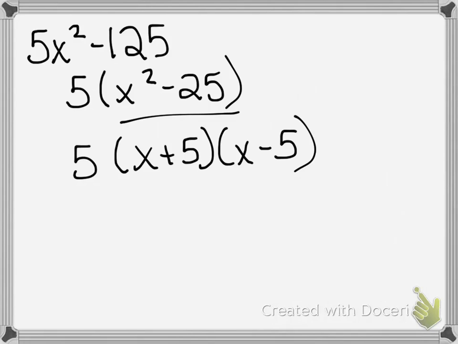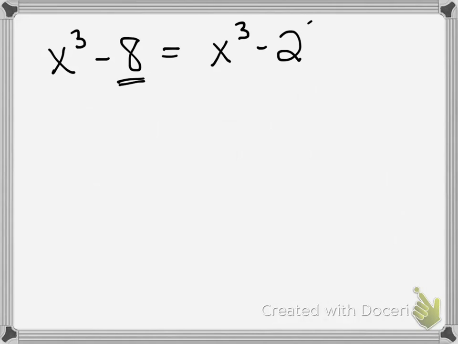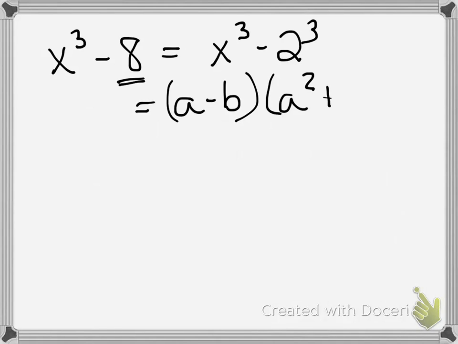Let's look at one more example problem. If you saw x to the third minus 8, you need to recognize that 8 is a perfect cube, and x cubed is a perfect cube. So this is really x cubed minus 2 cubed. So using that equation that I showed you before, this is going to factor to a minus b times a squared plus ab plus b squared.